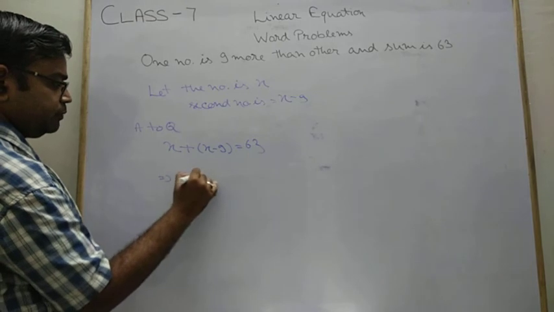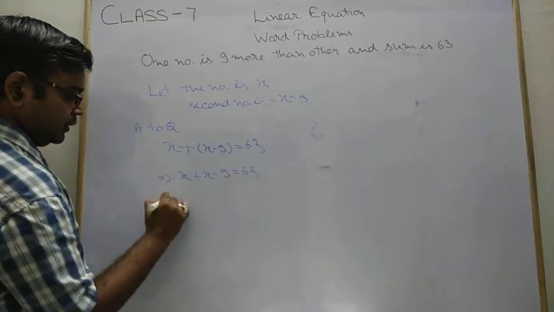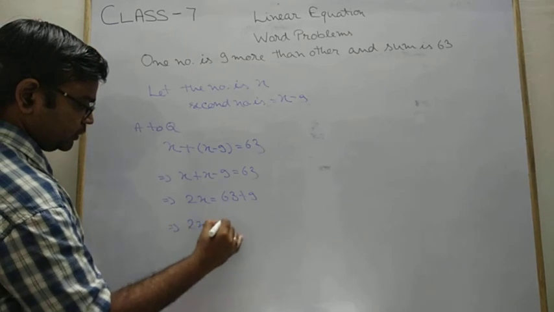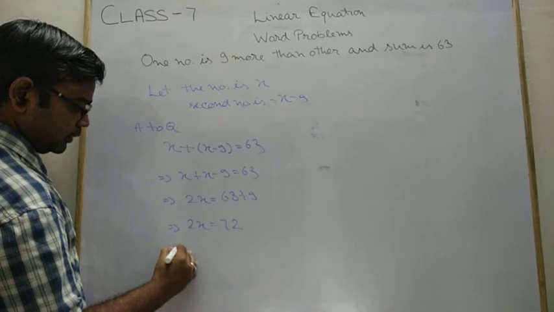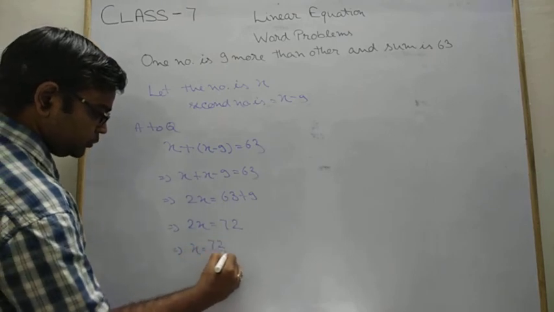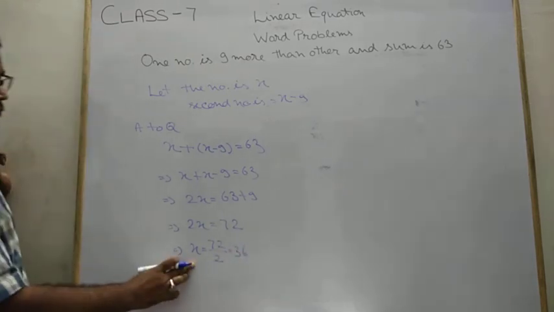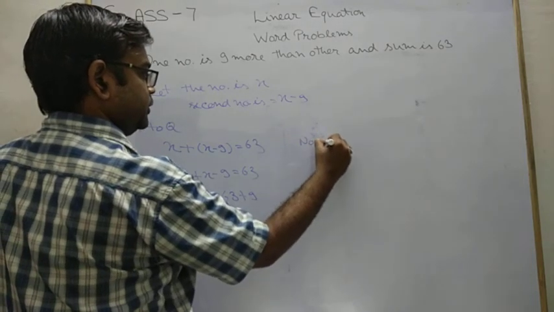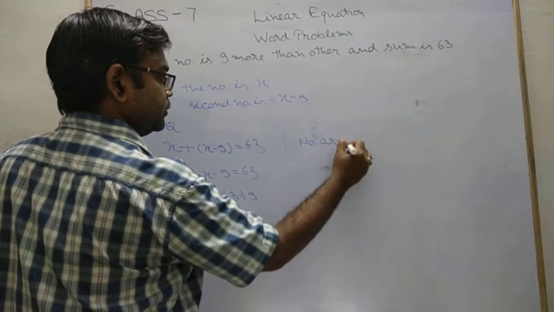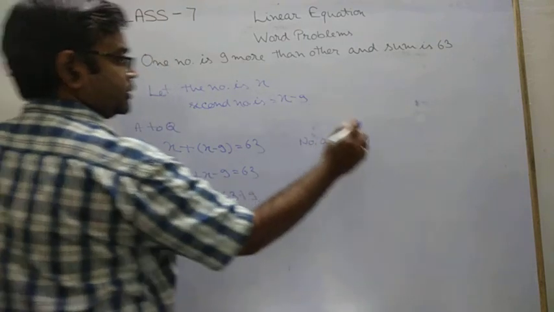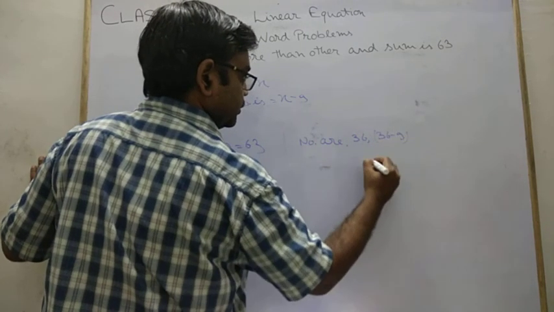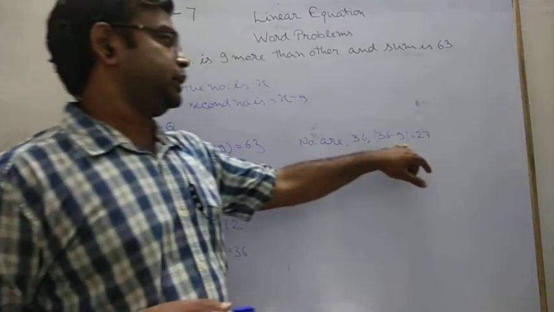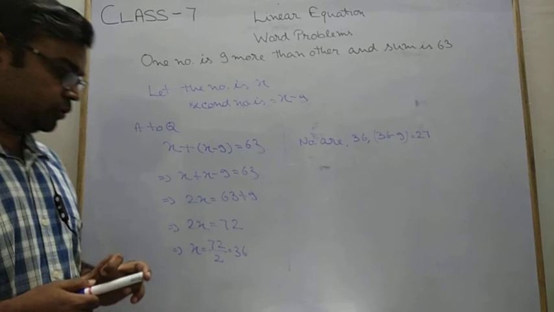When we simplify, 2x equals 63 plus 9, or 2x equals 72, or x equals 72 upon 2, 2 times 36 is 72. So the first number is 36, then the second number is x minus 9, that is 36 minus 9, which is 27. So this is your solution.